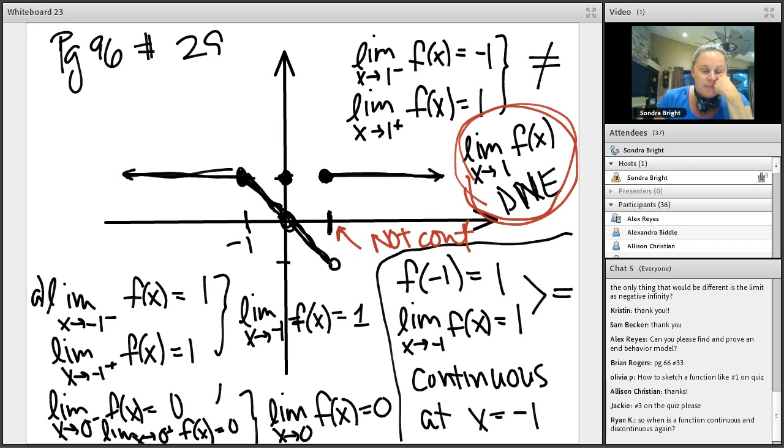And then here's where it gets interesting: your limit exists at x equals 0, but the problem is that your function's value is not equal to that limit, and so that is not going to be continuous. So it's continuous at -1, but it is not continuous at 0, and it is not continuous where you've got this big old jump going on there.